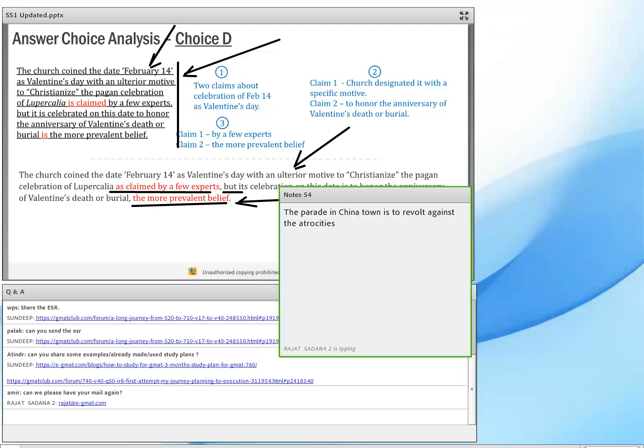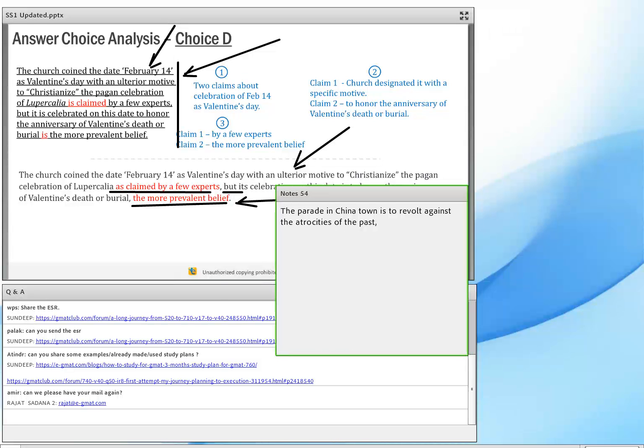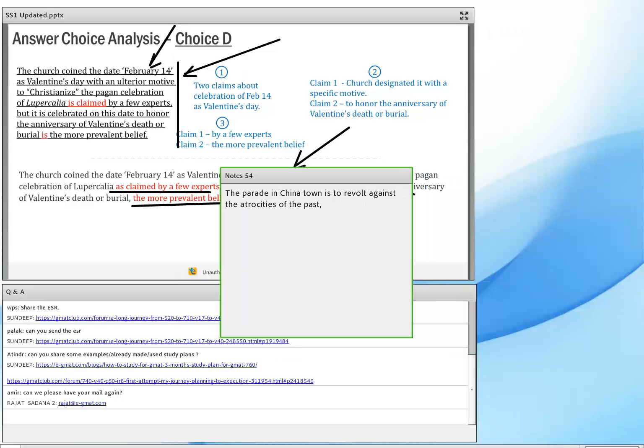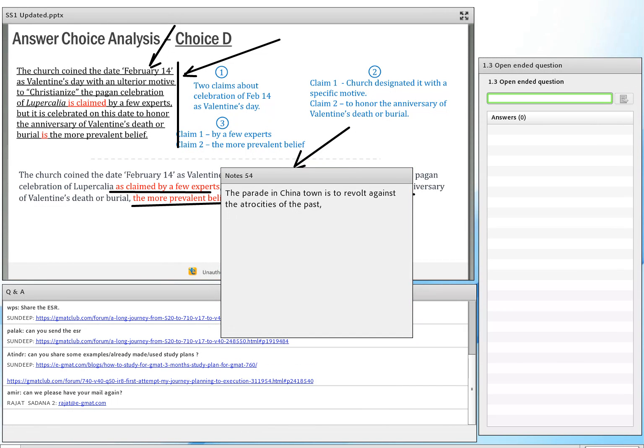I don't know if my spelling of atrocities is correct. If I really just say the parade in Chinatown is to revolt against the atrocities of the past, let's just put a full stop over here. Then what am I saying? Am I not telling you that is what it is? Yes or no? We're going to put the modifier after this.